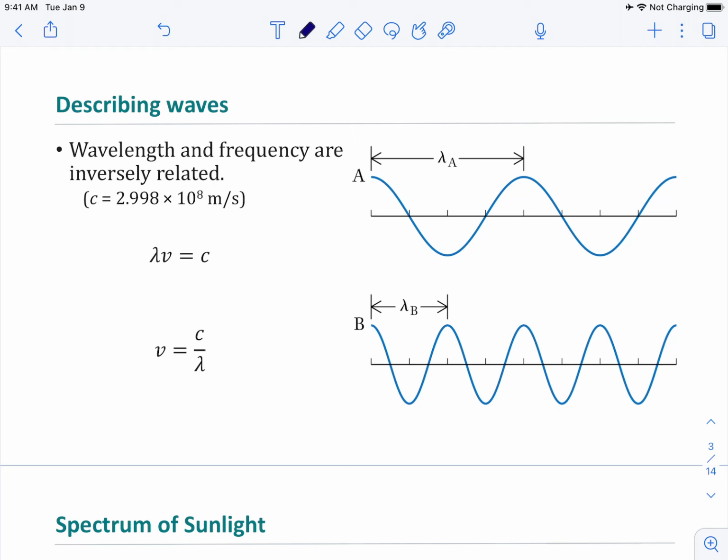So it's not the actual movement forward of any matter. I mean, yes, the rope goes up and down, but it doesn't move from your friend's hand to your hand. The energy moves through the rope and causes the matter that it's propagating through to oscillate, but it doesn't really move forward.